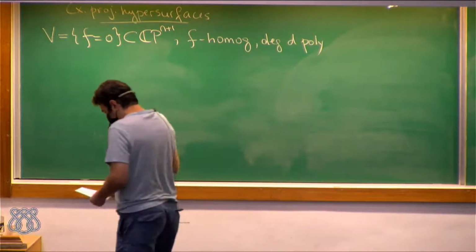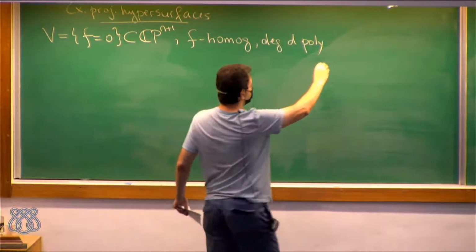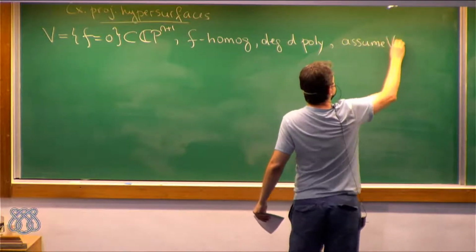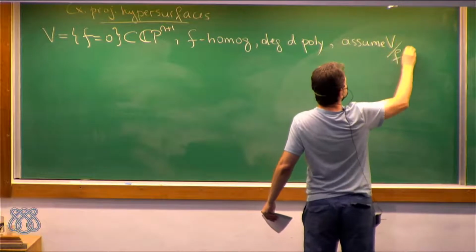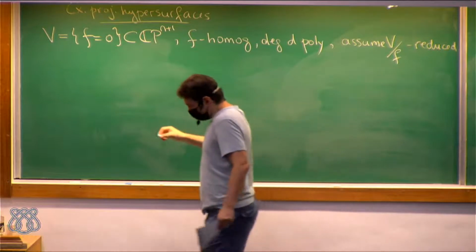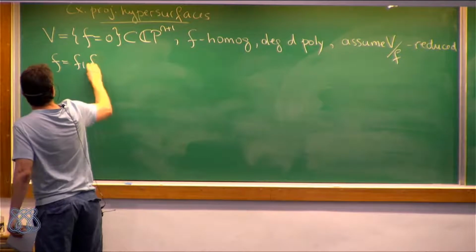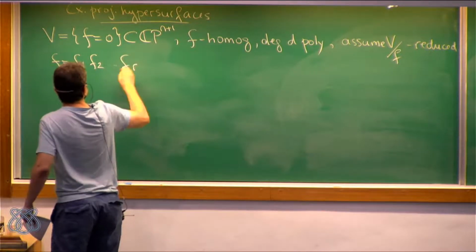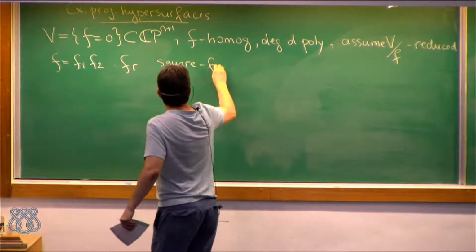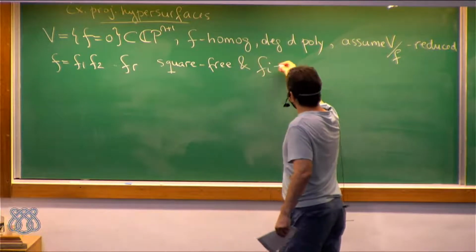And for future reference, let's say V, or F, is reduced. So this means that F has a square-free irreducible decomposition, and each of these F_i's are irreducible.